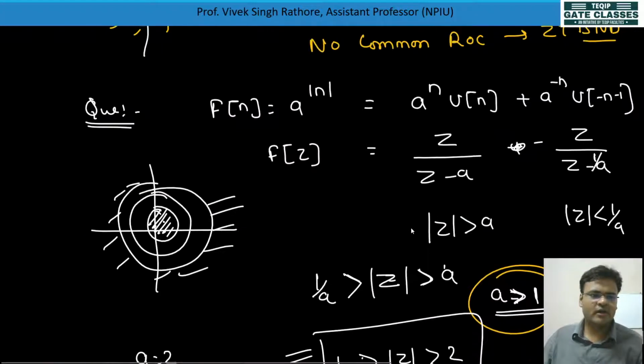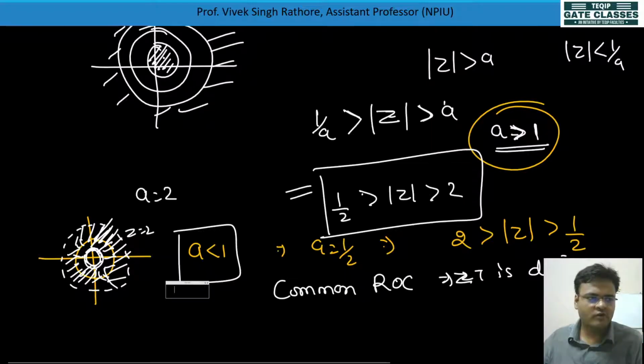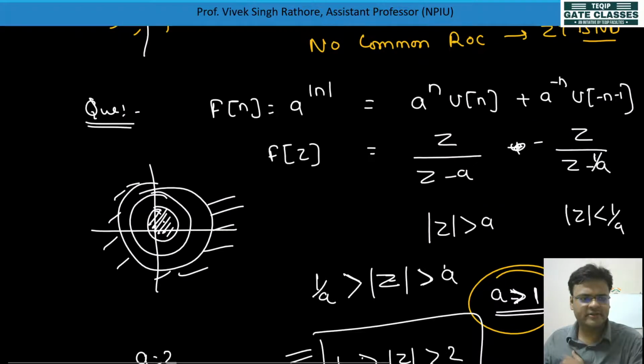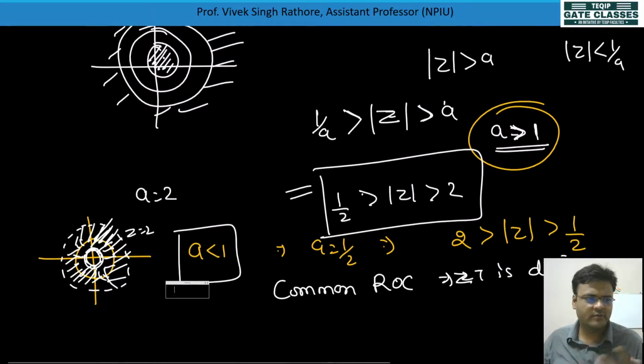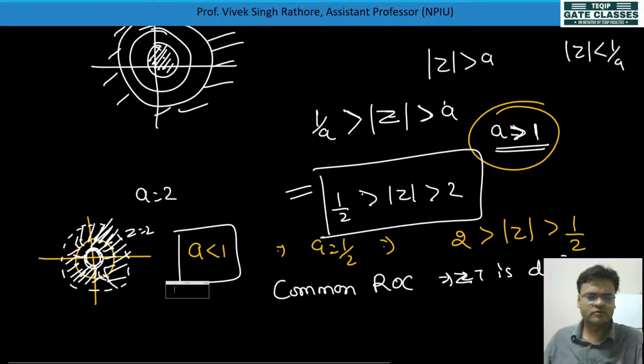So ultimately for a less than 1, this value can be considered and your ROC is common. In questions, you may be given options asking for which value of a the z transform is possible, and you need to check where a common ROC is formed, and then you can solve it.